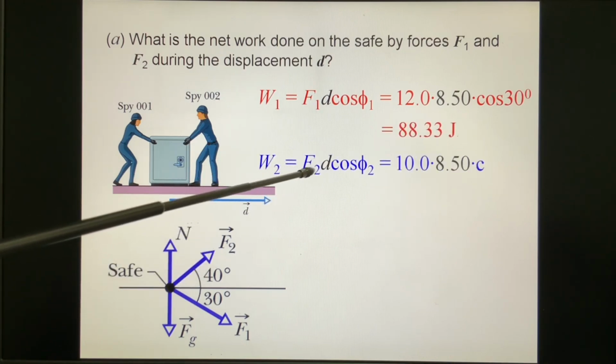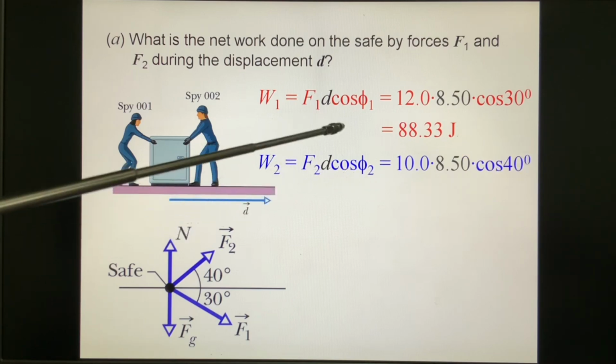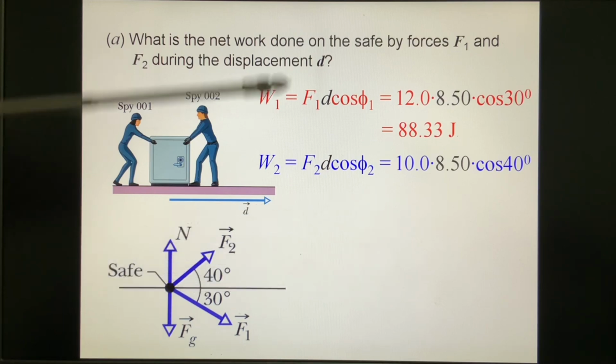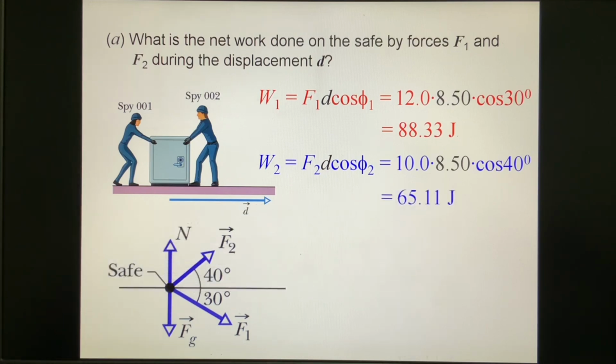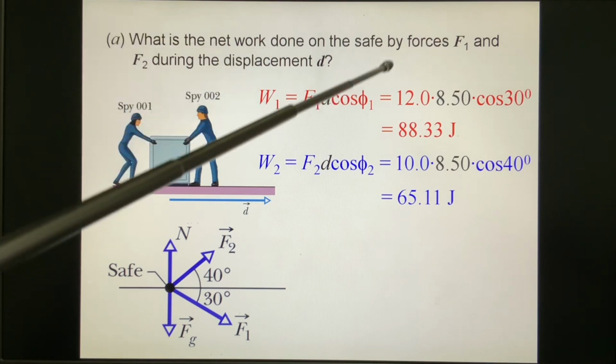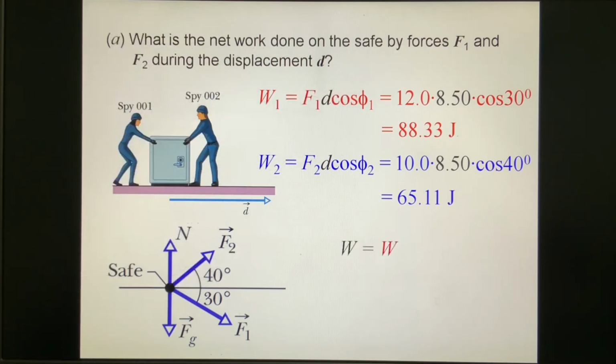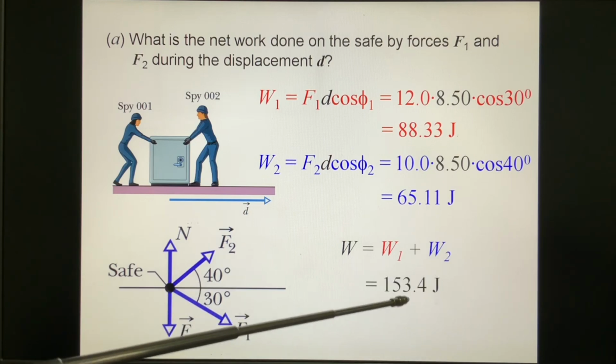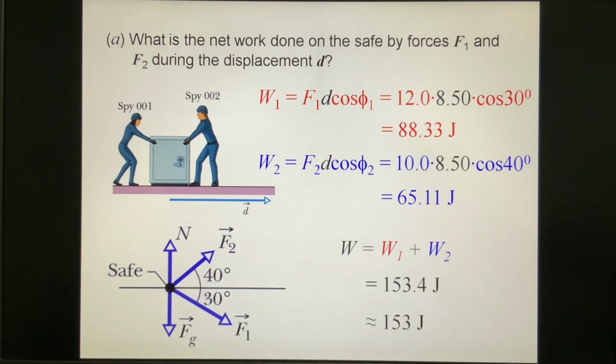W2 is F2 d cosine phi 2, where F2 cosine phi 2 is the component of F2 along the displacement. Okay, so you put together the net work done on the safe. We take three significant figures as given. So it's 153 joules.